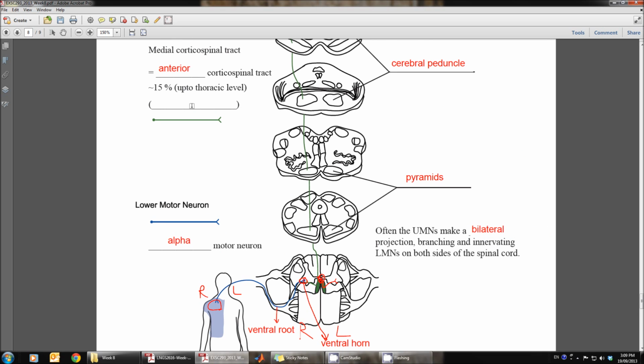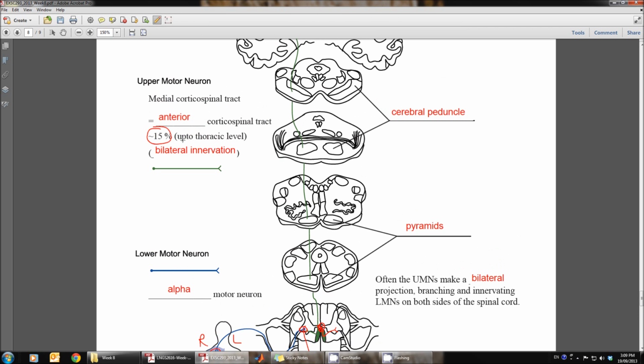So in the brainstem you don't see the decussation, but you can see the decussation at the spinal cord level. So, bilateral innervation. And I wrote this 15% and up to thoracic level.